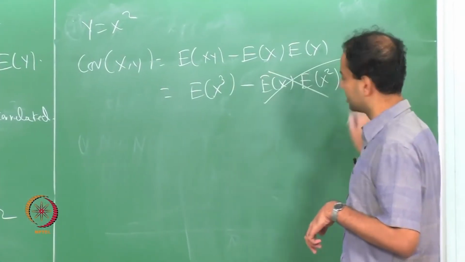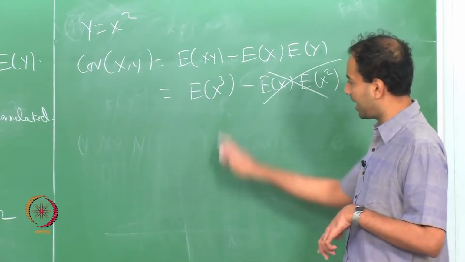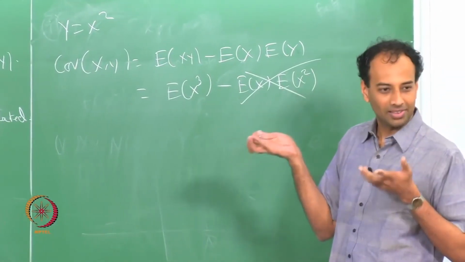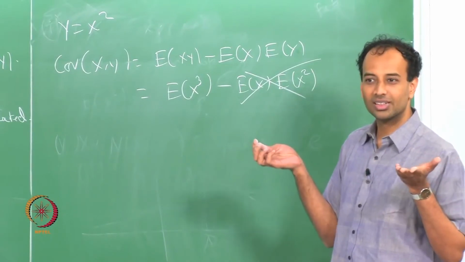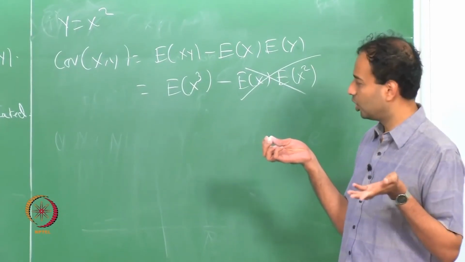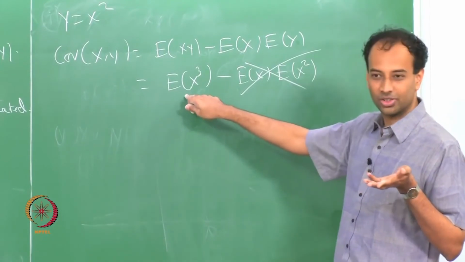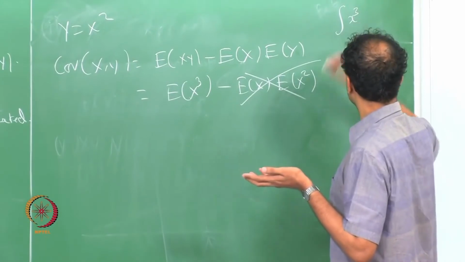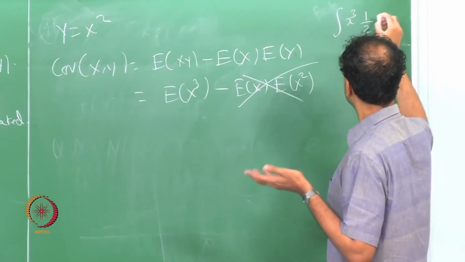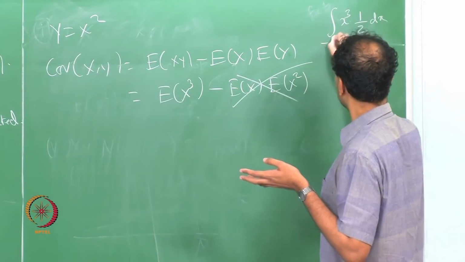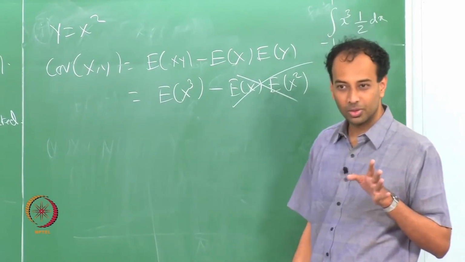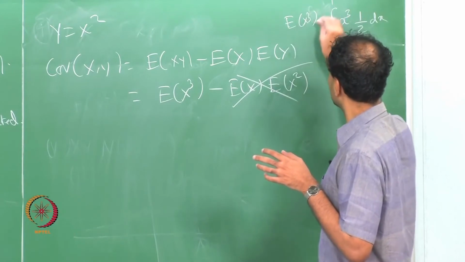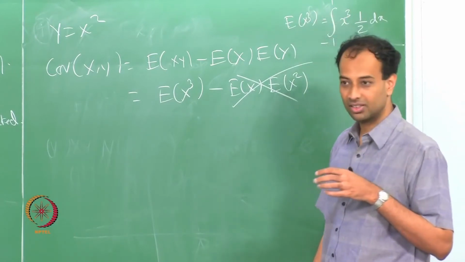So this term is definitely 0, and x being symmetric around minus 1 and 1, you can prove that x cubed also has expectation 0. After all, the expectation of x cubed is simply the integral of x cubed times half dx from minus 1 through 1, that is clearly 0.